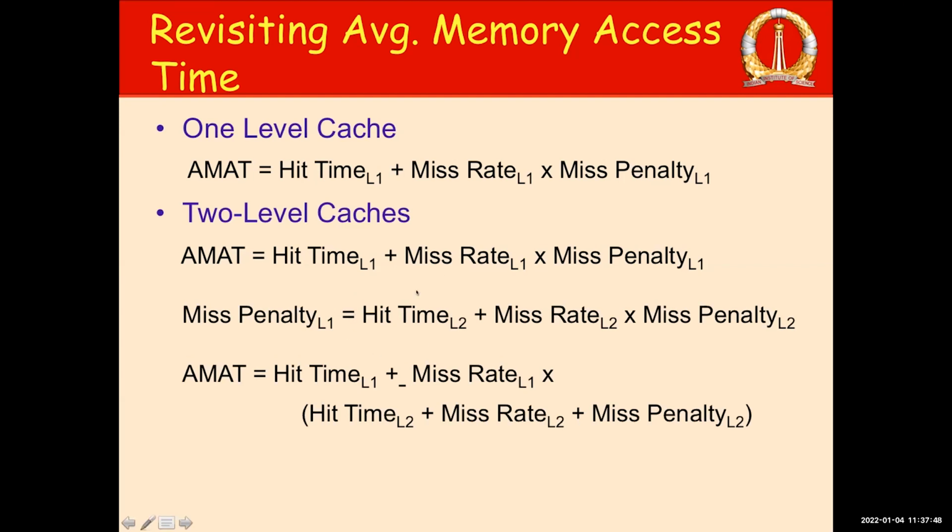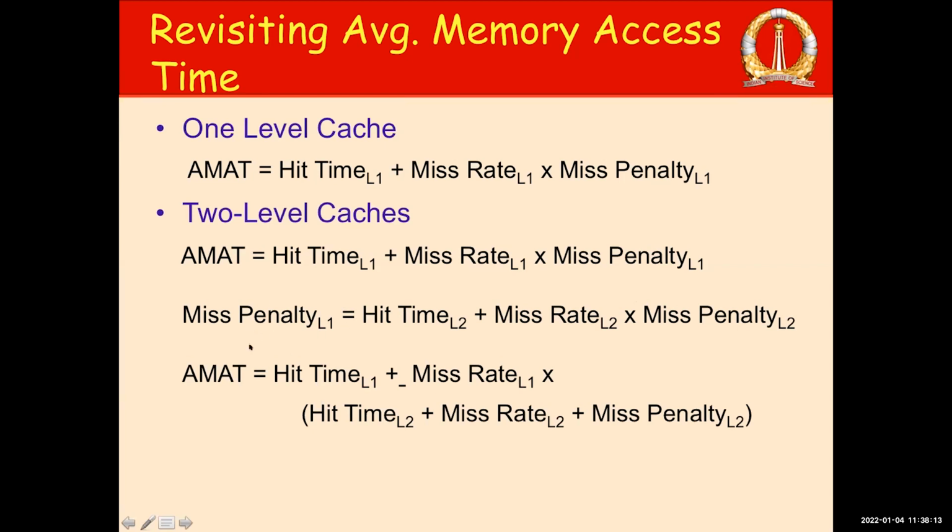But not all data would be found in L2 either. Some data which is not there in L2, which is determined by the miss rate of L2, has to come from the memory. So that is the miss penalty. You multiply the miss rate at L2 by the miss penalty experienced by L2, and that gives you the miss penalty for L1.